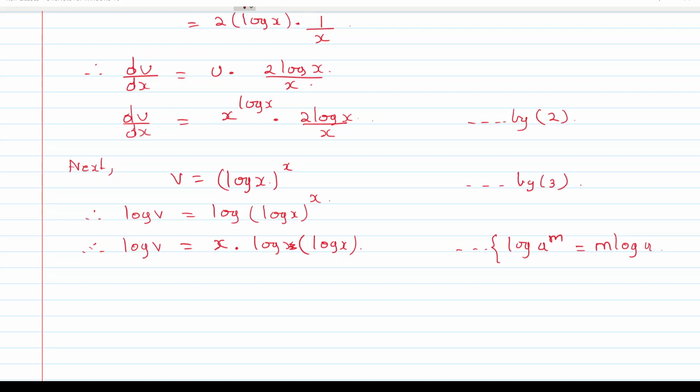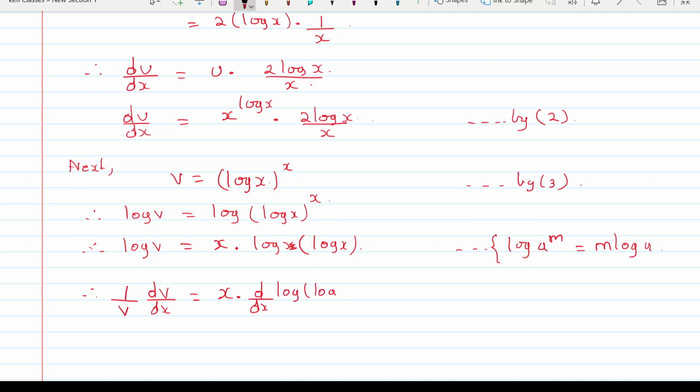If I take this one's derivative directly, I'm not writing the differentiating step. So 1 upon v into dv by dx, and this will come by the product rule. So it will be x into, now you should be able to do this orally. At present we are writing it, but you should be able to do it. What will be the answer? x into 1 upon log x into d by dx of log x, which is 1 by x.